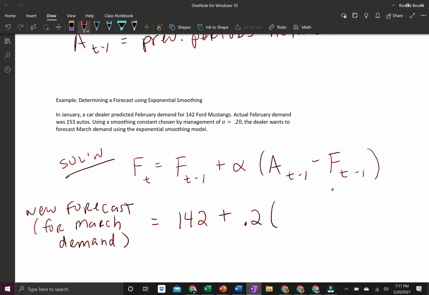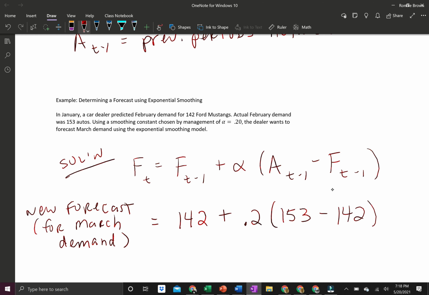A sub t minus 1 was the previous period's actual demand, which was 153 autos, right? And then we subtract f sub t minus 1. Well, we said initially f sub t minus 1 was the previous period's forecast, which was 142.